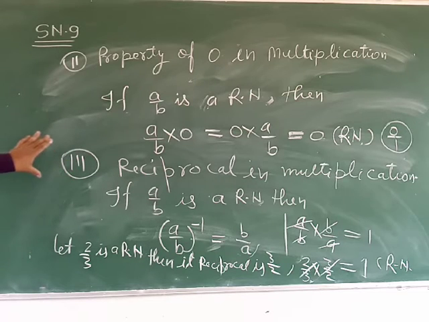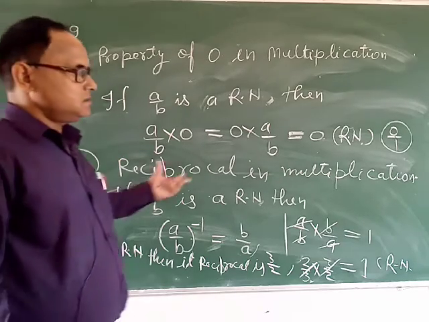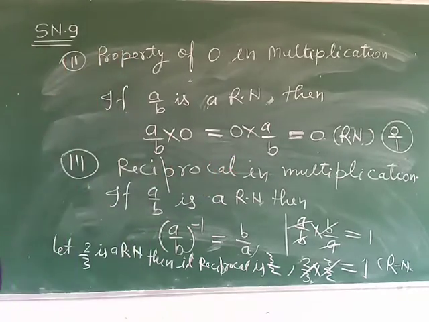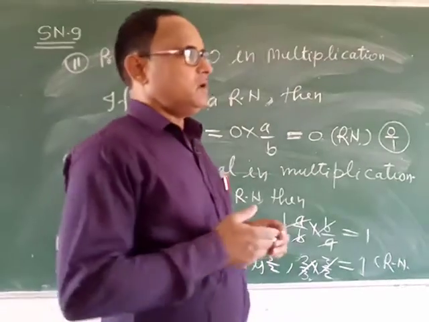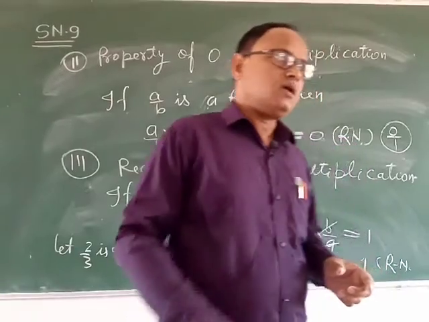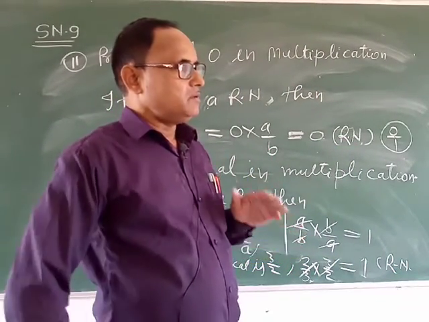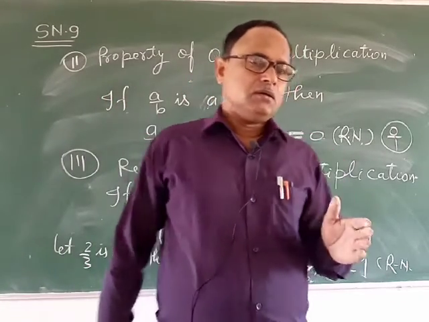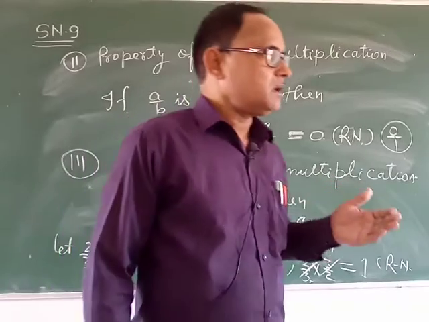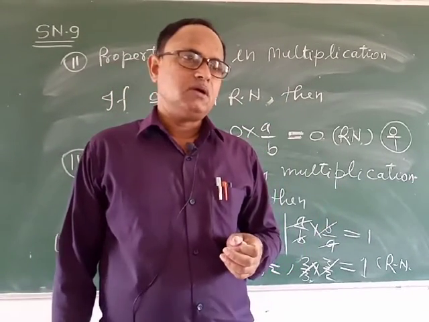Then if these types of questions are given anywhere, you can solve by this method. And you know that identity means the number which, multiplied or added to any given rational number, makes no difference to the value.